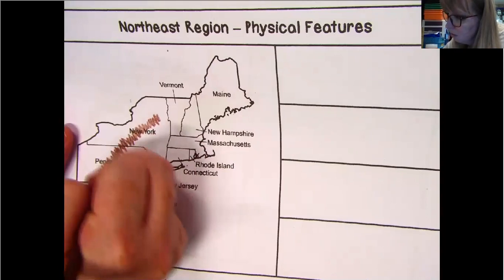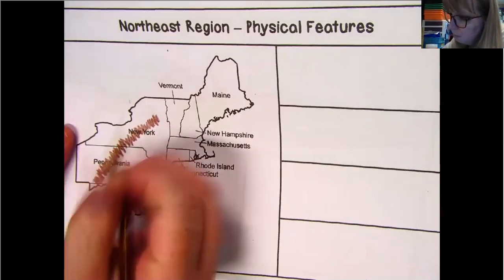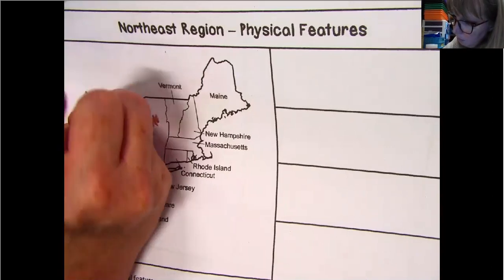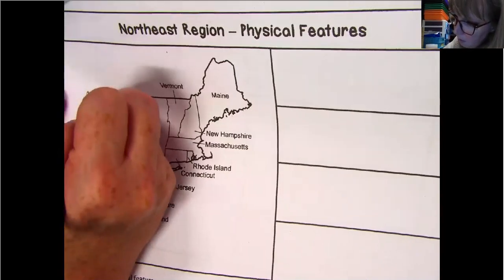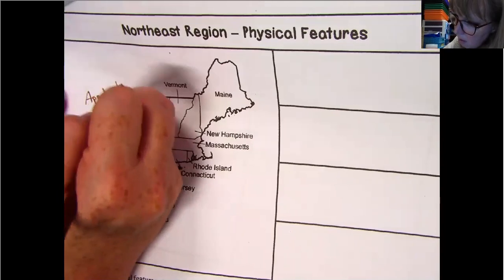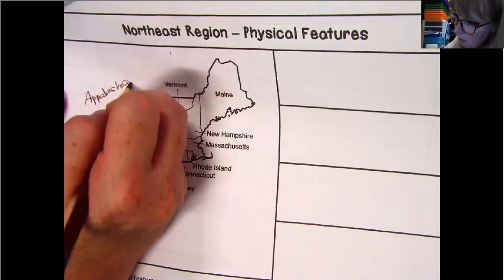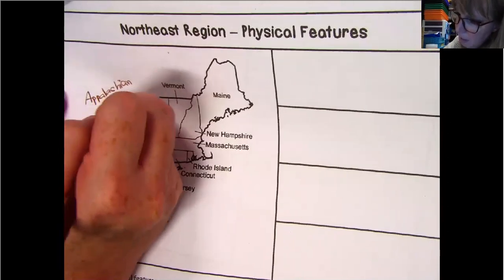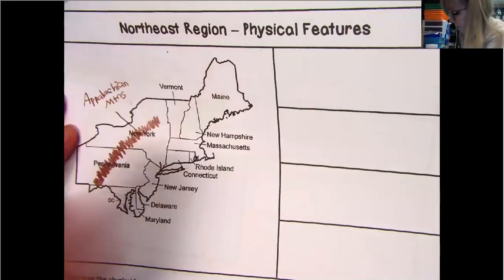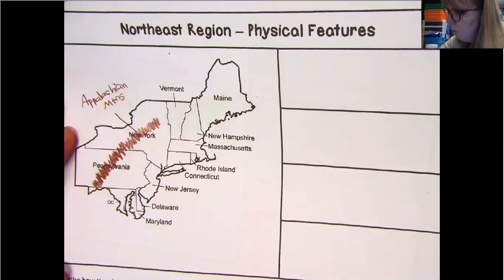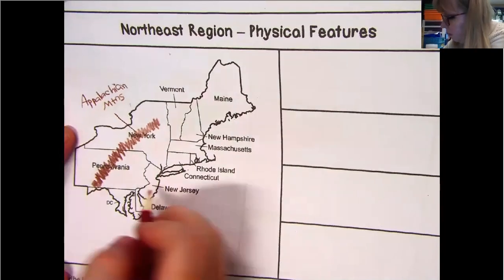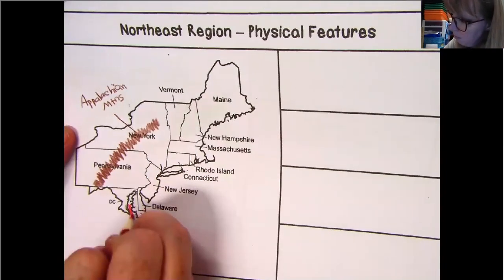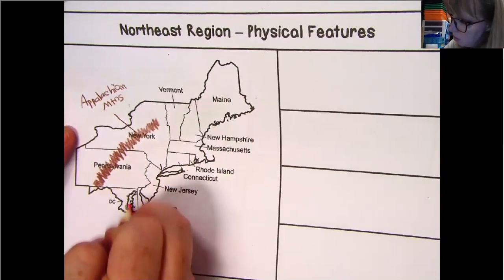Appalachian Mountains. All right, Appalachian Mountains, guys. Then we're going to go to our red colored pencil, same that we used for the Atlantic coastline before. And we're going to start coloring along our Atlantic coastline.